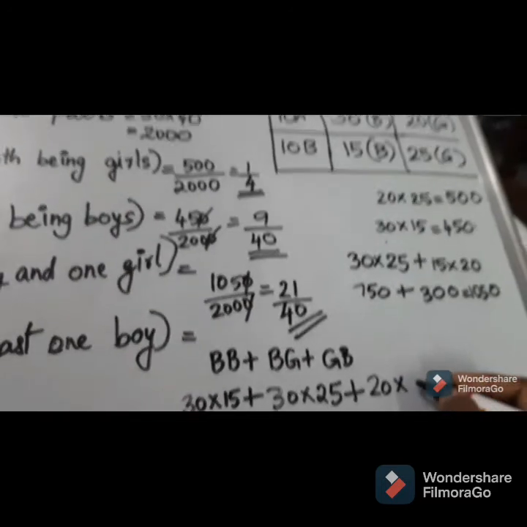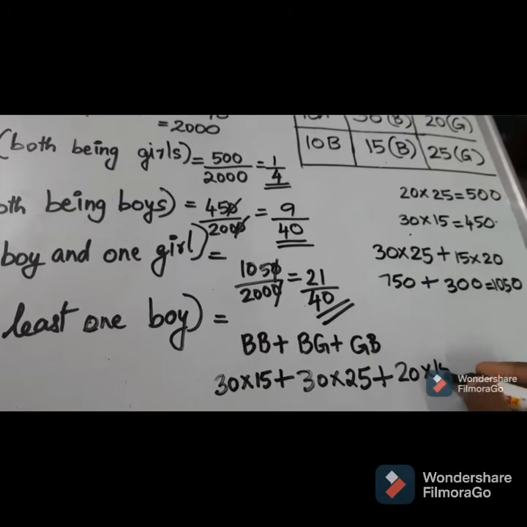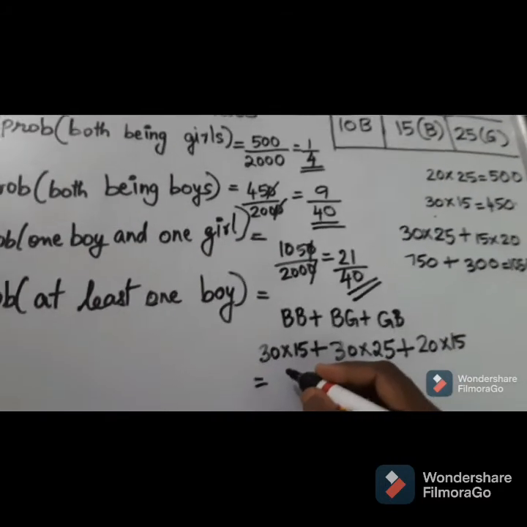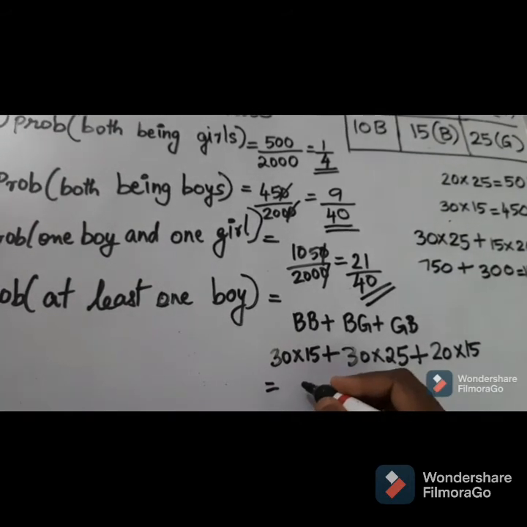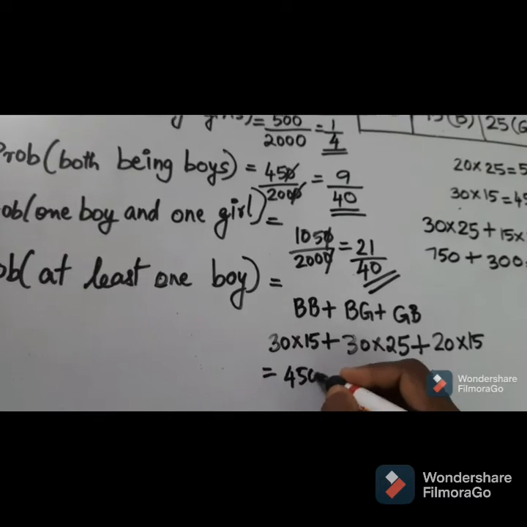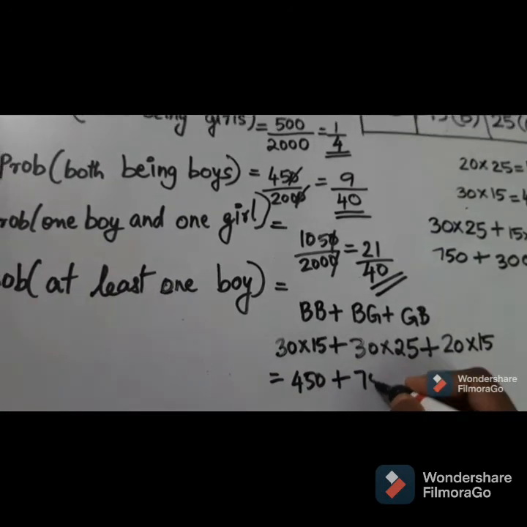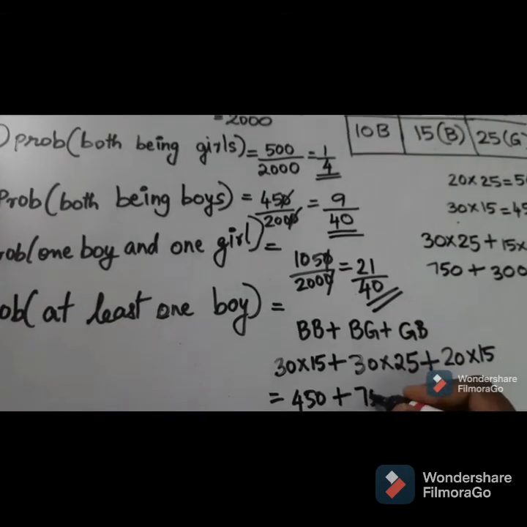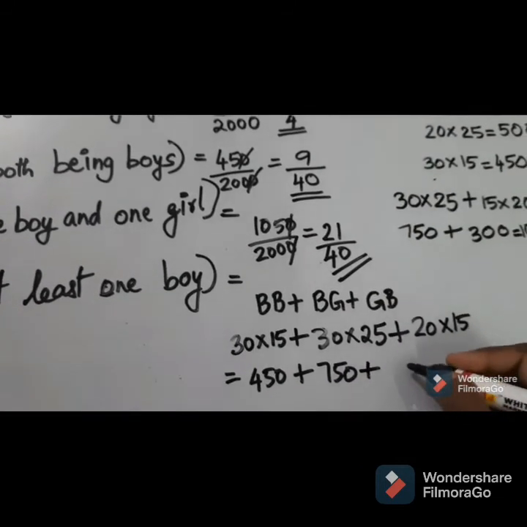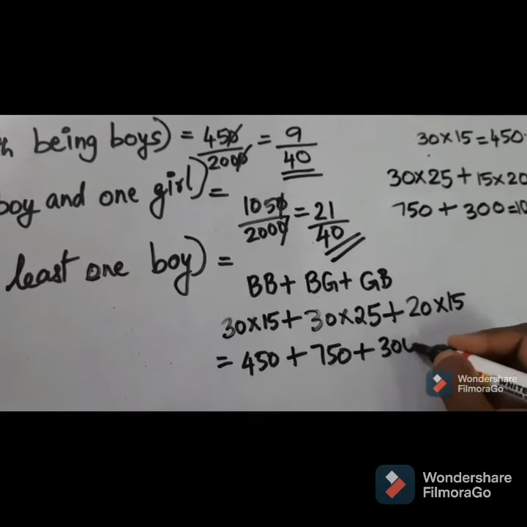So you will get 30 into 15 means 15, 45, then 10, that is 450, plus 750, plus 300.